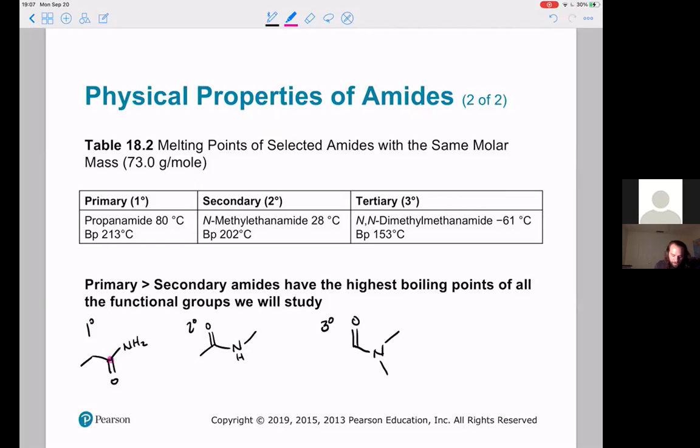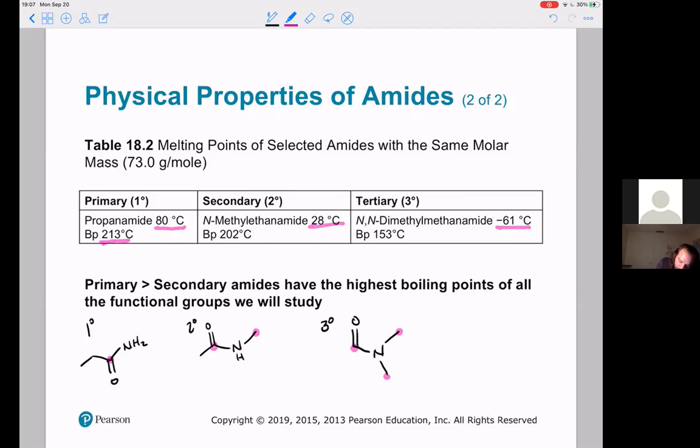If it's just the carbonyl carbon, it's primary. If you have another carbon on the other side of the nitrogen, it would be secondary. And lastly, if you have 2 other ones, it would be tertiary. And again, we can see the trends in the melting points that are given. The primary amide has the highest, followed by the secondary, followed by the tertiary.